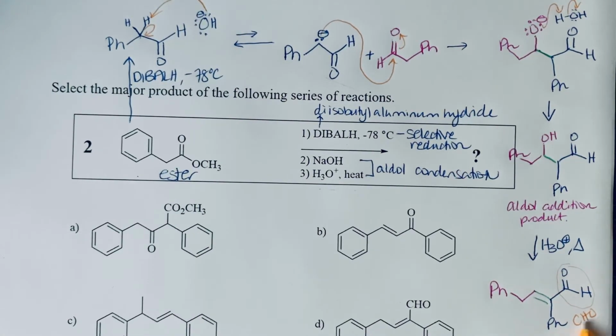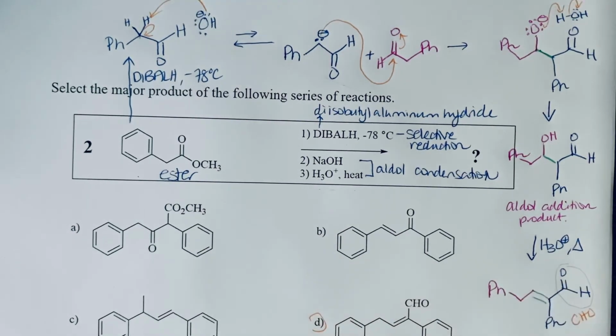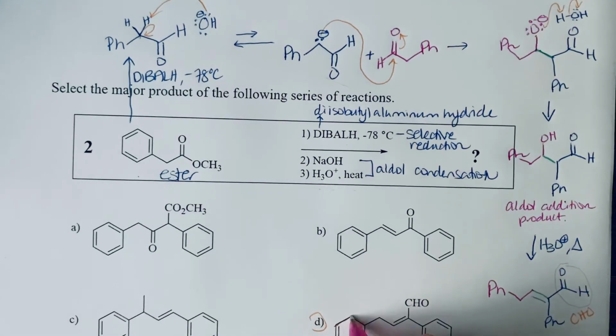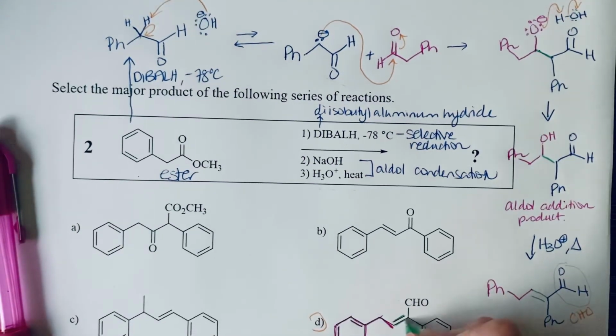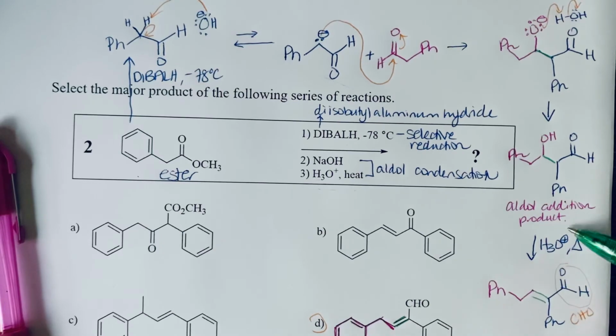And then with that, if you think about that abbreviation, you can hopefully recognize that this structure D is the same. So I'm going to go ahead and highlight the pink and blue carbons so that you can more easily pick this out. All right, so we've got that phenyl ring, we've got the CH2, and then this carbon, the new bond formed, is a double bond if you've gone through and done the dehydration.